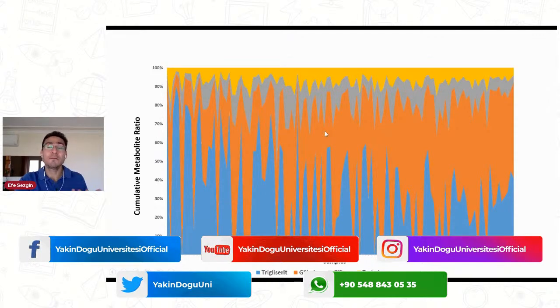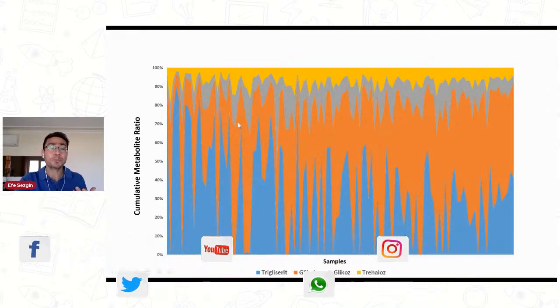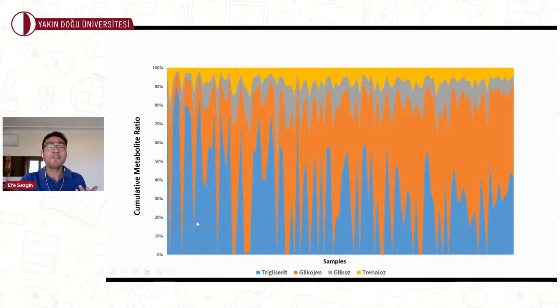So there are lines that have, for example, high fat content and lower glycogen content. And there are also flies that have a higher glycogen content, so they are storing their energy in the glycogen form in the muscles, compared to the fewer fat content. So this shows the metabolic diversity in these lines as well.